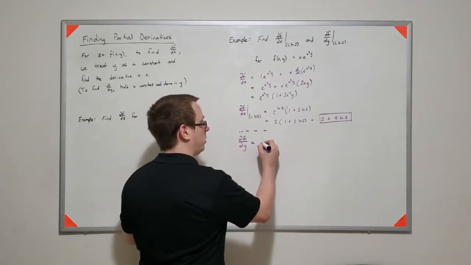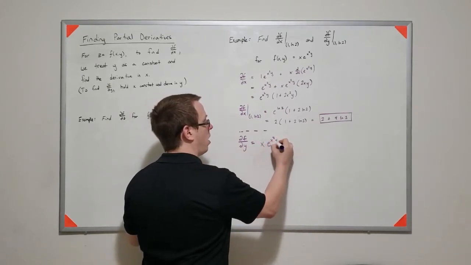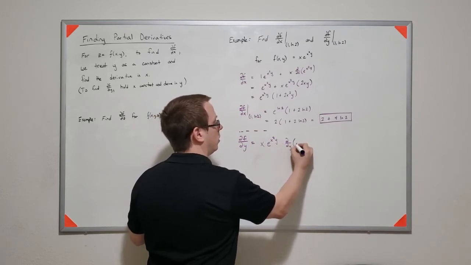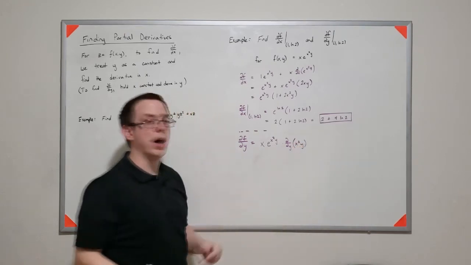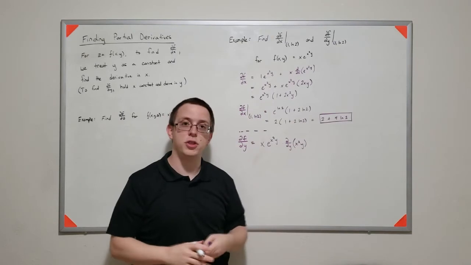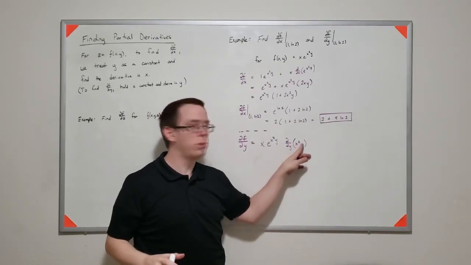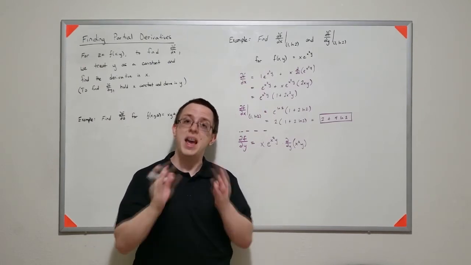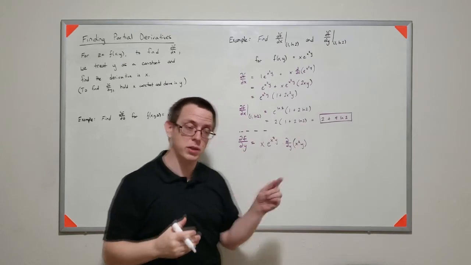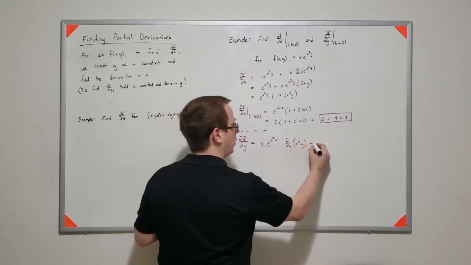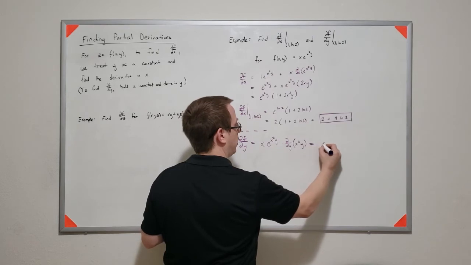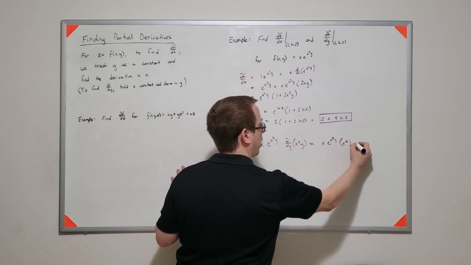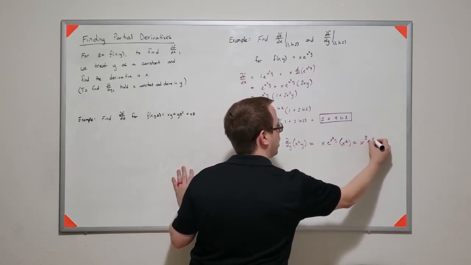So it's x e to the x squared y times the derivative of x squared y. Again, think of x as just some number. So the derivative of some number times y, like the derivative of 3y, is just 3. So the derivative of x squared y is just x squared when it's with respect to y. So that's x e to the x squared y times x squared, or x cubed e to the x squared y.